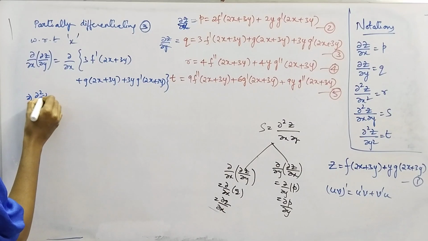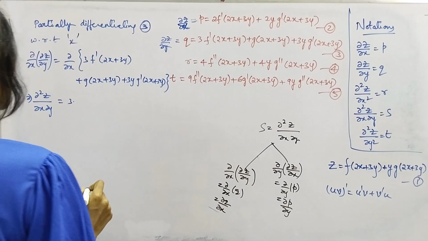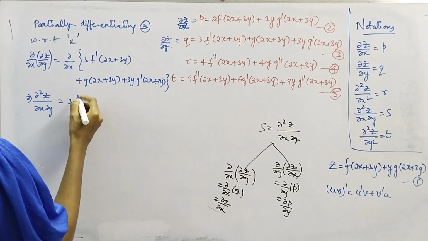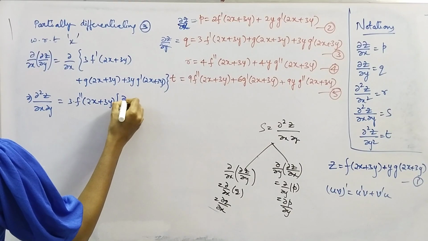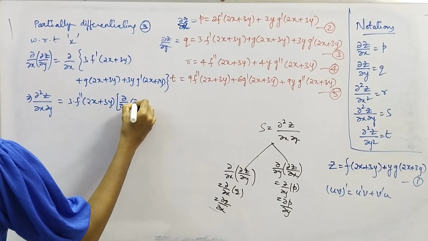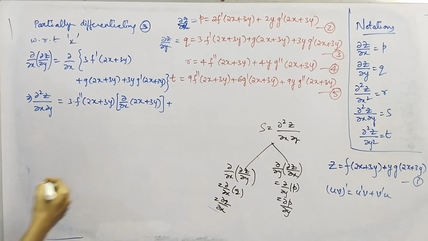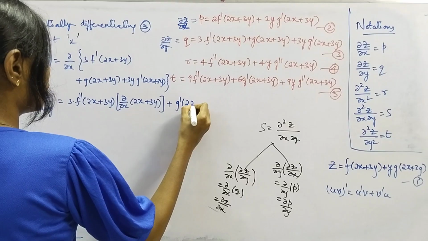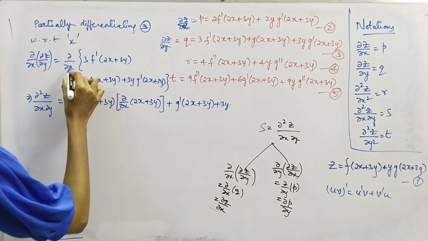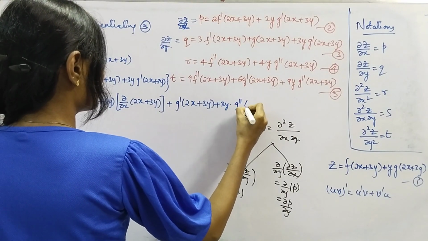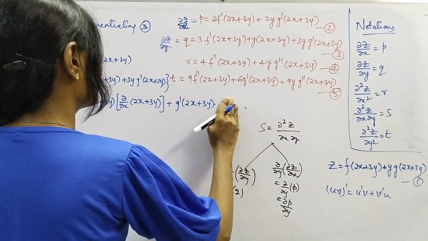This gives us dou square z by dou x dou y equal to, here we are partially differentiating with respect to x, so we'll treat y as constant. Partial derivative of f dash with respect to x is f double dash of 2x plus 3y into inner derivative dou by dou x of 2x plus 3y plus partial derivative of g of 2x plus 3y is g dash of 2x plus 3y plus 3y into partial derivative of g dash with respect to x is g double dash of, here you need to write inner derivative, right?